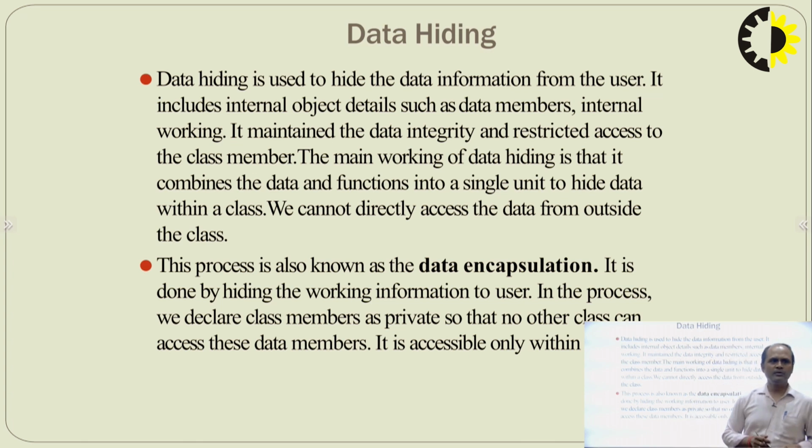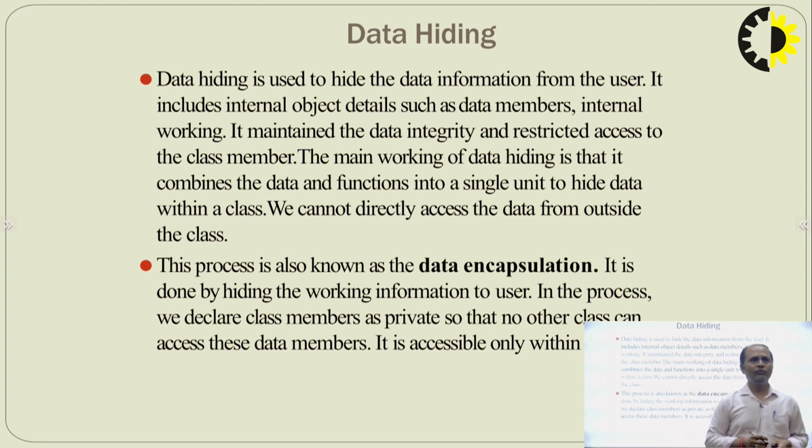When we discuss encapsulation, the concept is data hiding. What is data hiding? Data hiding is used to hide the data from the user. It includes the internal object details such as data members and internal working. It maintains data integrity and restricts access to the class members.